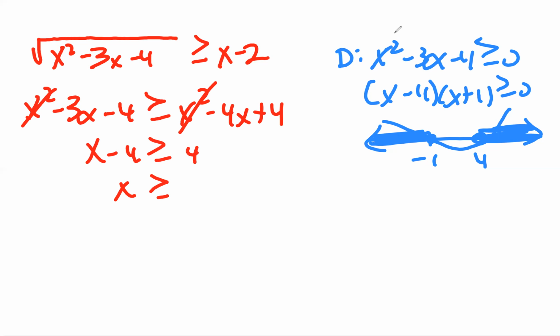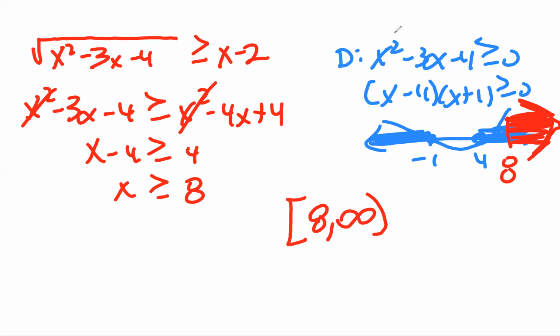X is greater than or equal to 8. So if I put this on the number line, it is greater than or equal to 8. So then the answer is here, and the domain restriction doesn't change what my answer would be in the problem. So x is greater than or equal to 8, or from 8 to infinity.